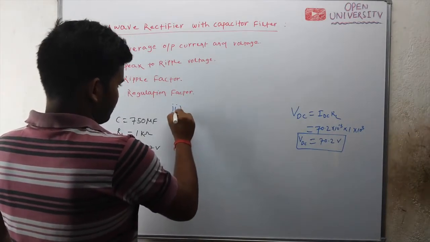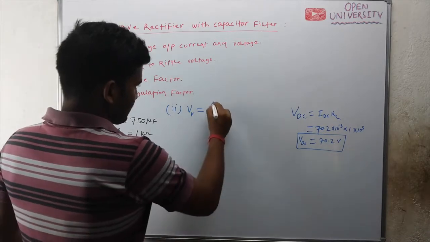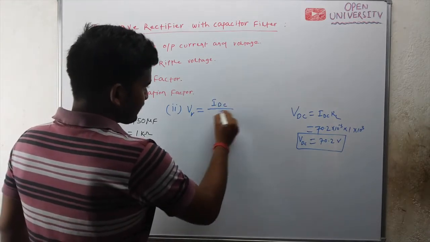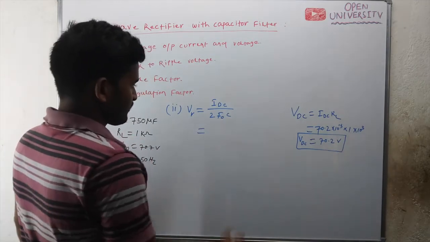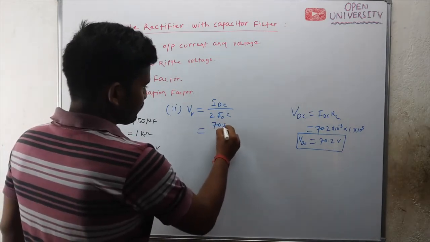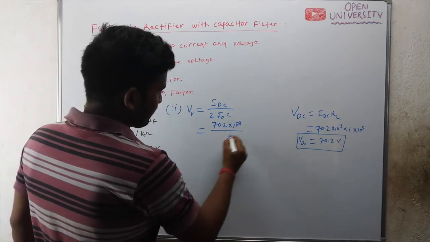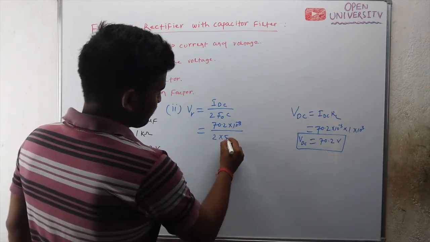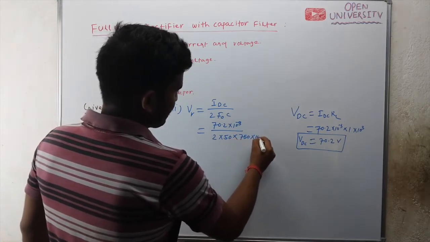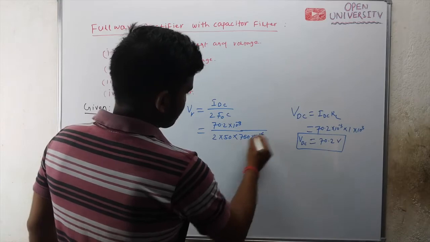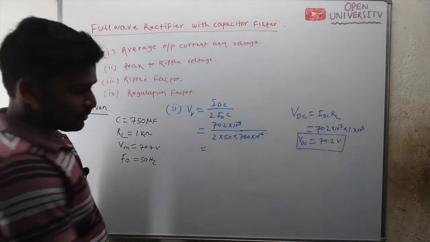VR equals IDC by 2 f C. IDC value is 70.2 milliampere divided by 2 into 50 into 750 into 10 power minus 6, which will be 0.936 volt.